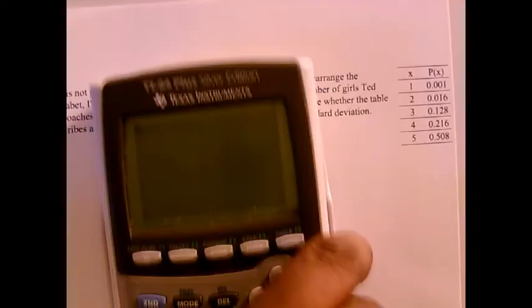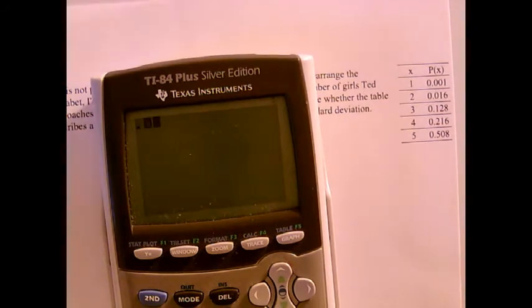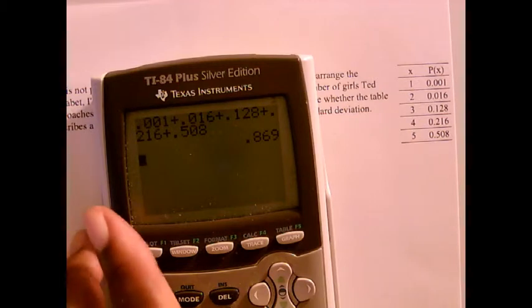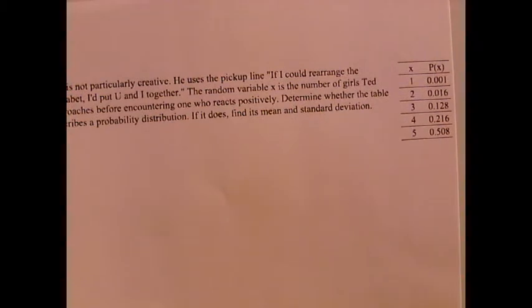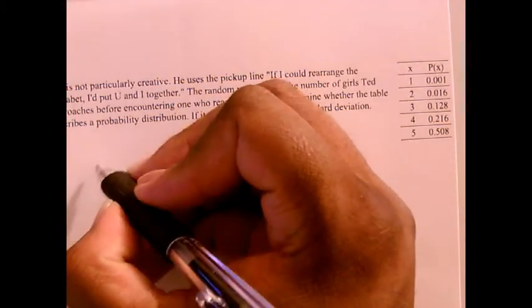So if I add 0.001 to 0.016 to 0.128 and 0.216 and 0.508, you're going to get 0.869. That's less than 1. The sum of all the probabilities must equal 1, and it does not. So we can stop right here and say that this particular table does not describe a probability distribution, because requirement number 2 is not met.